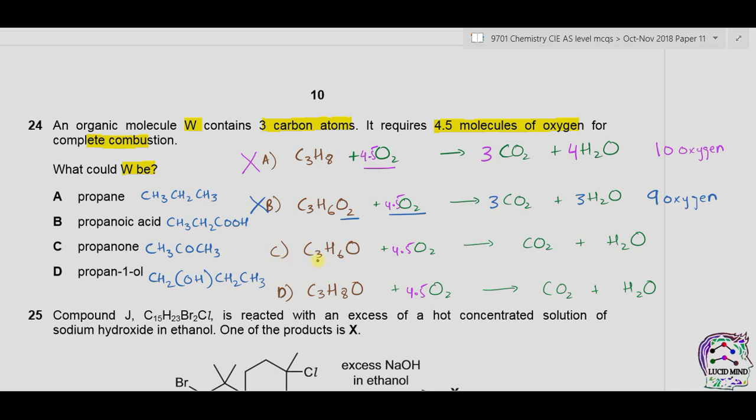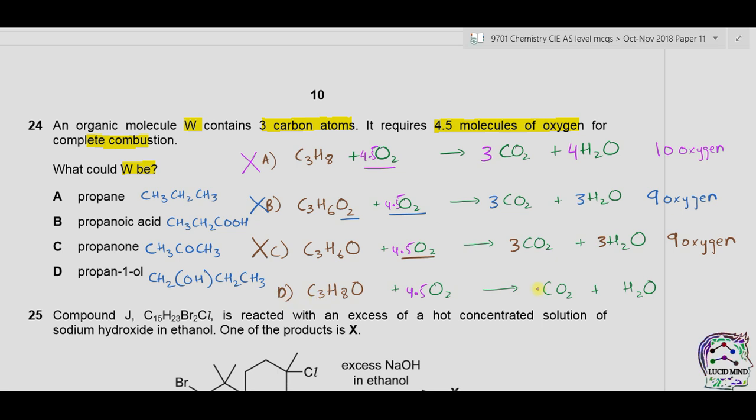In C we have 3 carbon atoms, so we can balance by writing 3 with CO2, 6 hydrogens, so 3 can be written with H2O. Now we have 9 plus 1, 10 oxygen atoms on the reactant side, 6 with CO2 and 3 with H2O, so in total we have 9 oxygen on the product side. So oxygen is not balanced.